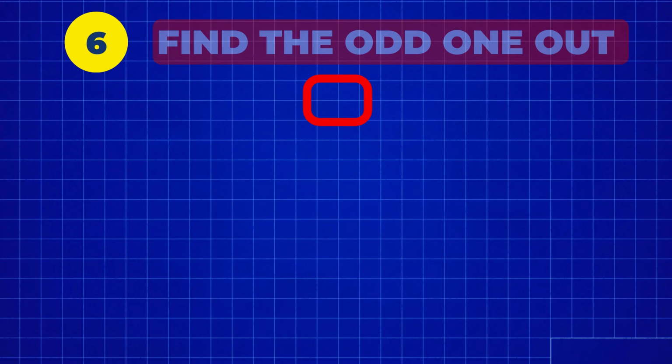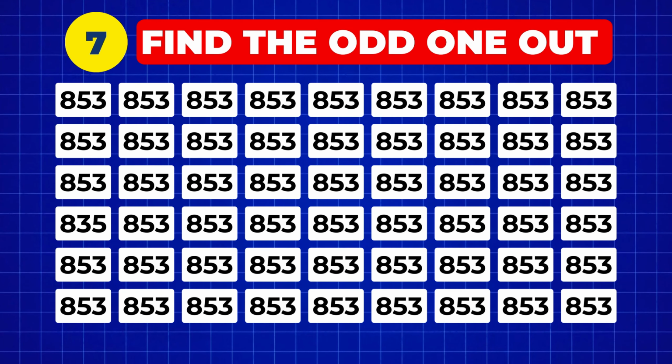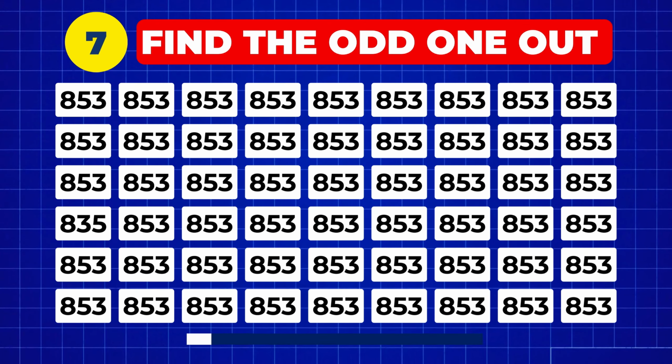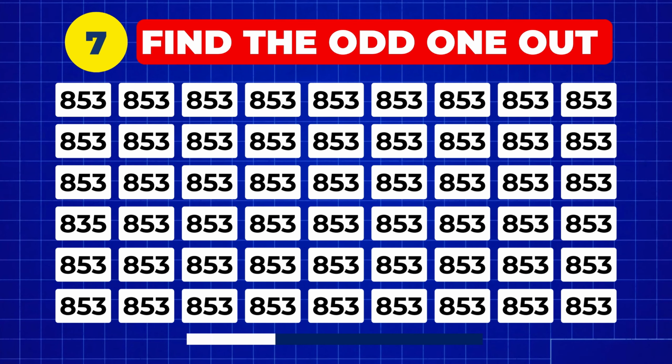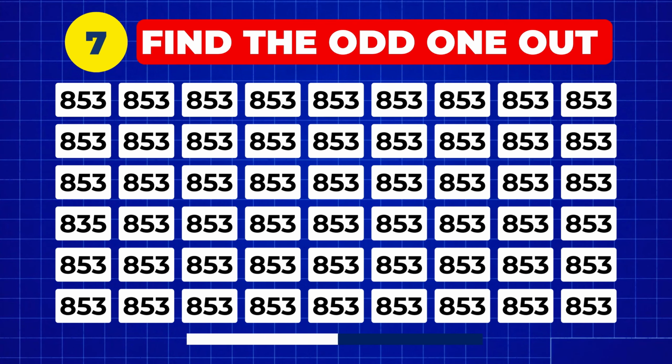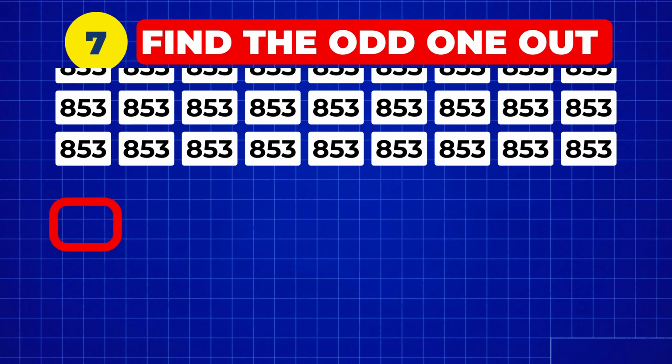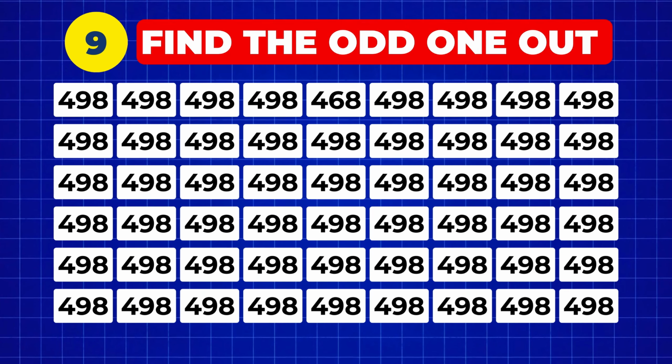This one. Identify the odd one out. This one was 35. Find the odd one out.